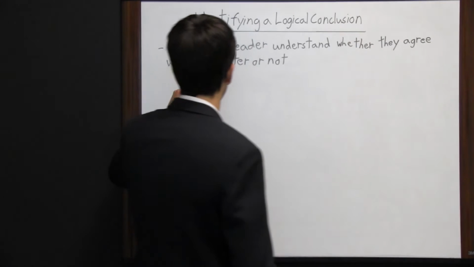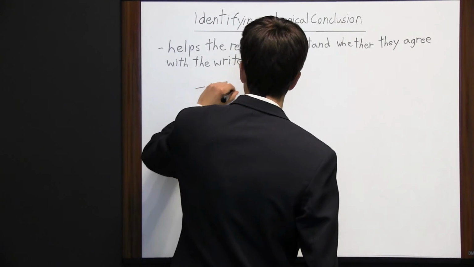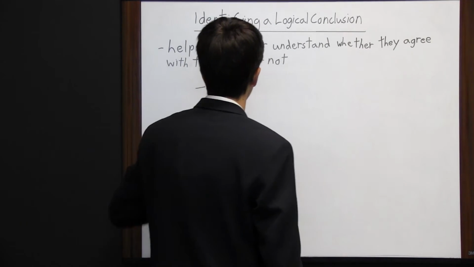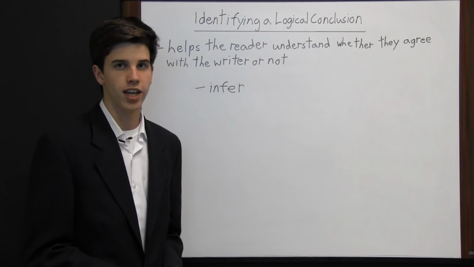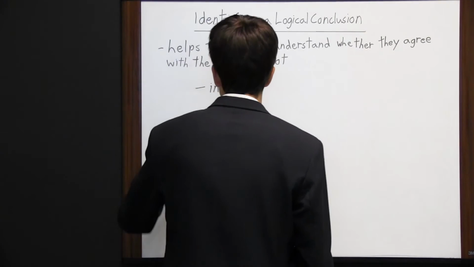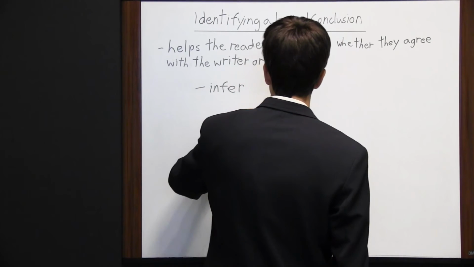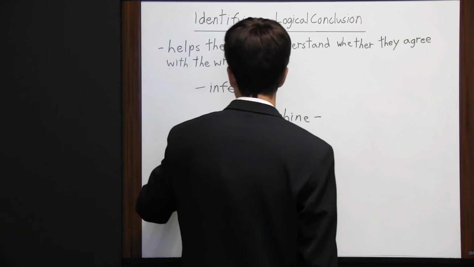So you're going to need to infer a lot, or make an inference. And to infer something just means to take what you already know and combine it with something else to draw a conclusion. So it's pretty self-explanatory. And so what you're going to have to do is combine two things.